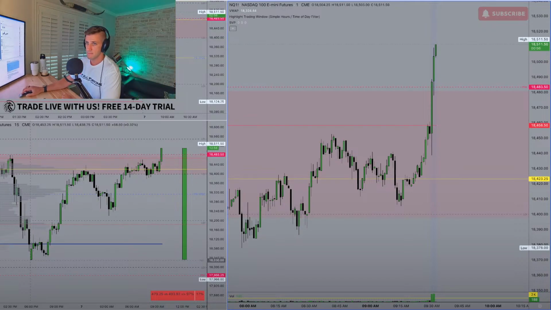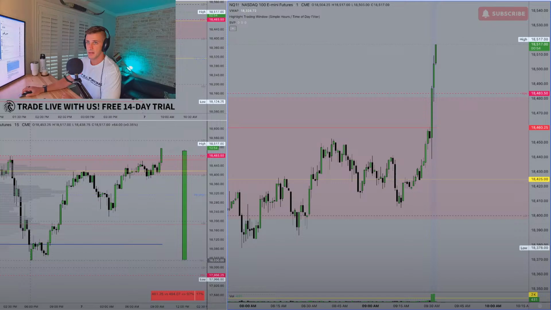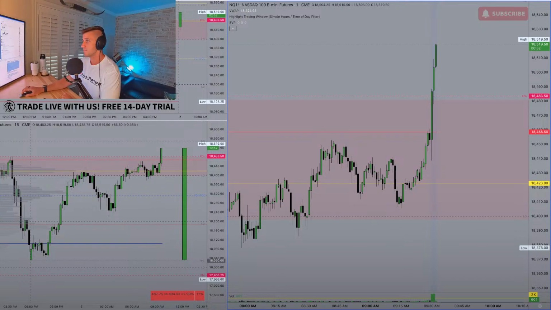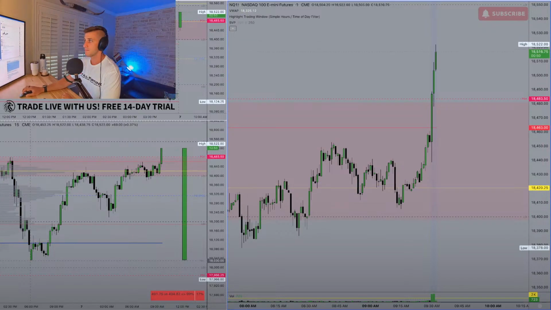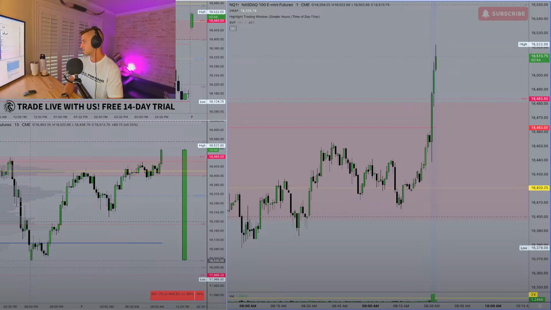May not come. But that would be the ideal scenario. ES, on the other hand, not quite into that prior day high just yet. So tech leading a little bit this morning.